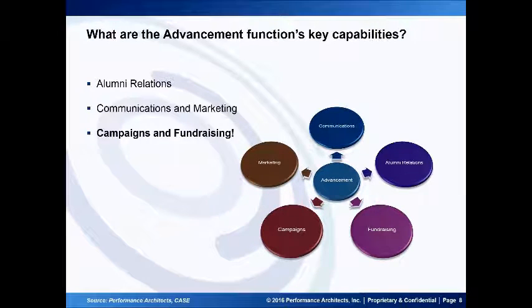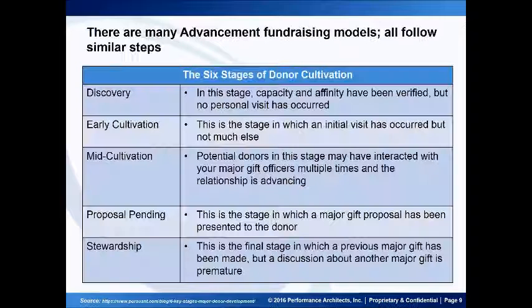You're oftentimes the first line of offense or defense, depending on how you think about it, to telling people how the institution's doing and what they should care about. And this is bolded because it's obviously the most tactical, but also the most important, arguably, of the functions, which is campaigns and fundraising for the institution and raising that approximately 10% from quote-unquote other sources that we saw on the previous page.